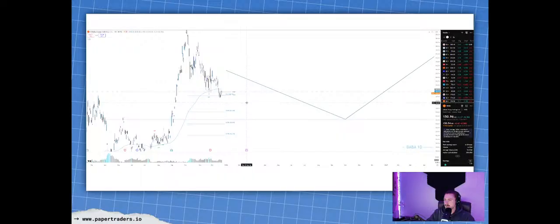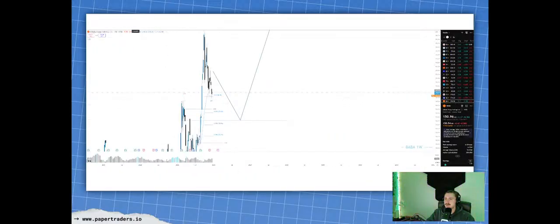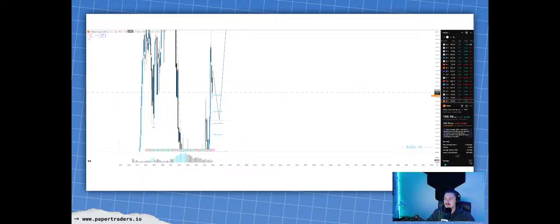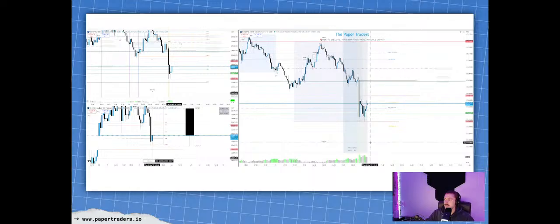Yeah, tap to 50% of that, still below the 200. Inside week. Next month could give us something, but this month, not taking anything. Oh, he doesn't want to trade China. Not taking any new positions going into the next month.